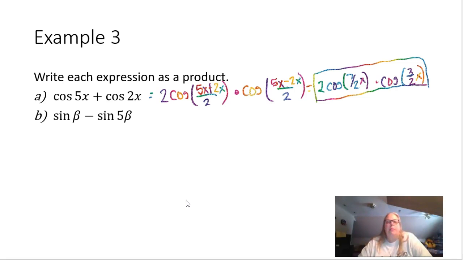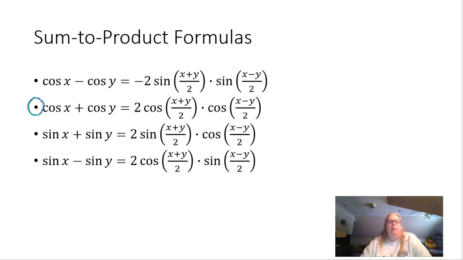Okay, part B. We have the sine of beta minus the sine of 5 beta. All right, let's back up. We have the sine minus the sine. The sine minus the sine, that's going to be this one down here. We've got 2 times the cosine of the sum times the sine of the difference.